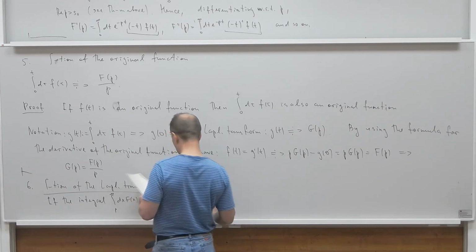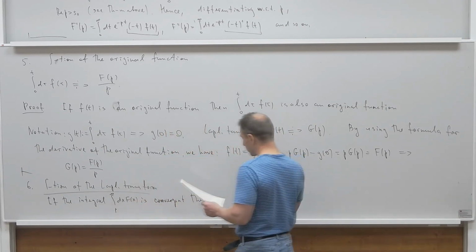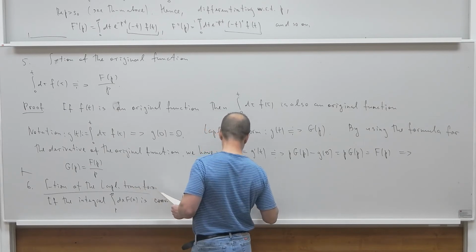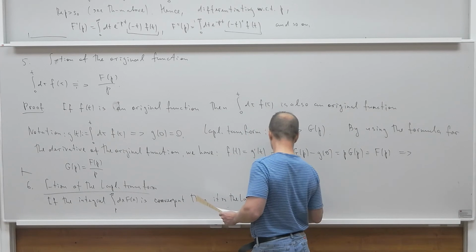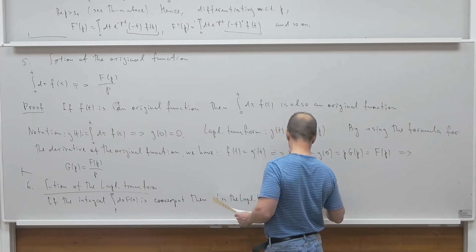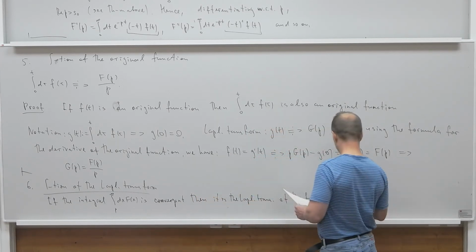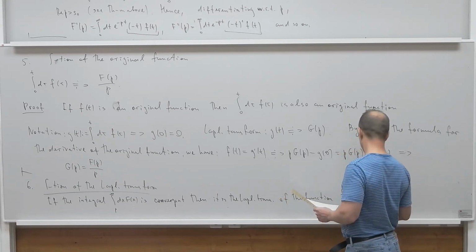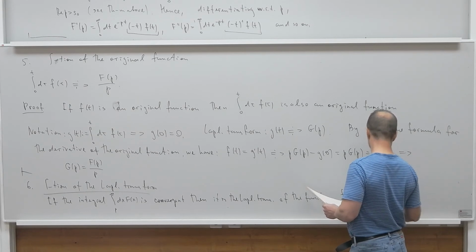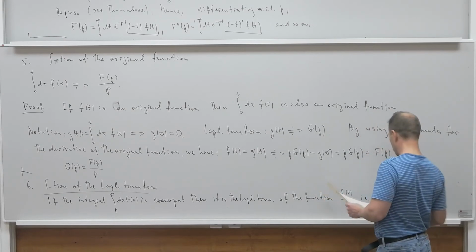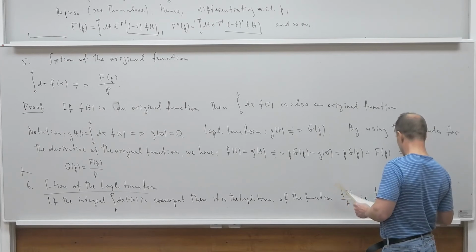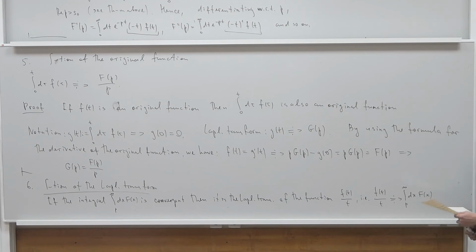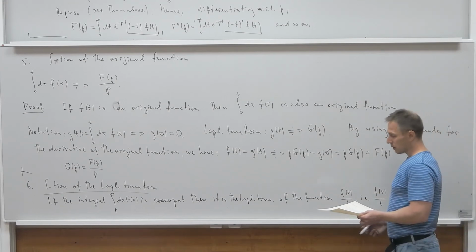Then it is the Laplace transform of the function f small of t over t. In other words, we have such a relation, where f large of x is a Laplace image of the function f small of t.